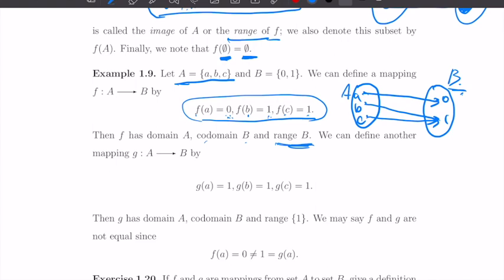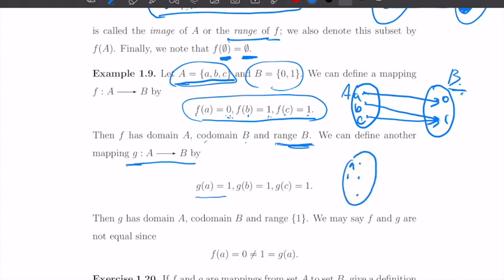And we can define another mapping. Let's say it's G. So for the same sets A and B, and G of A, in this case A, B, C, and 0, 1.